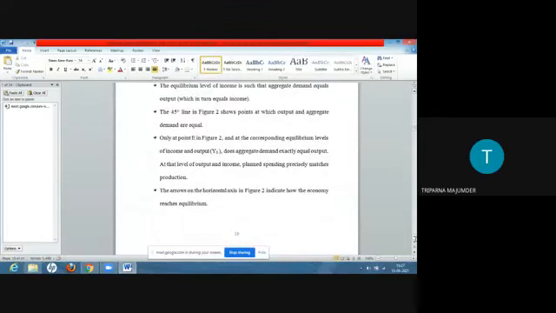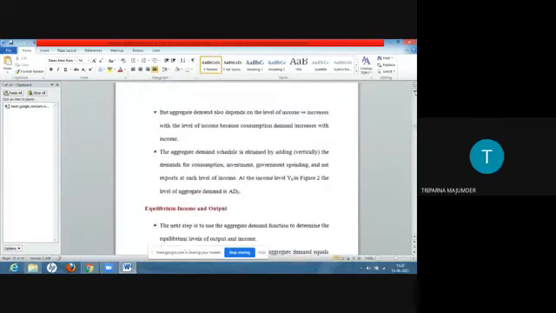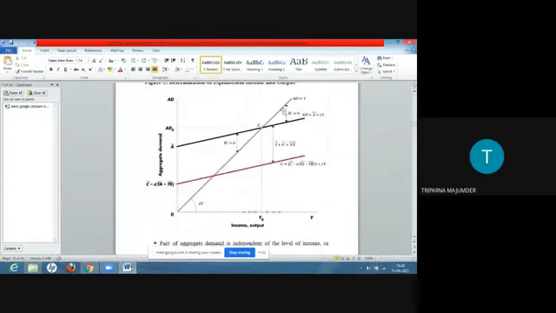We find that if the income level is greater than Y0, what will happen? There our output is greater than aggregate demand. So there is an accumulating stock of inventories.